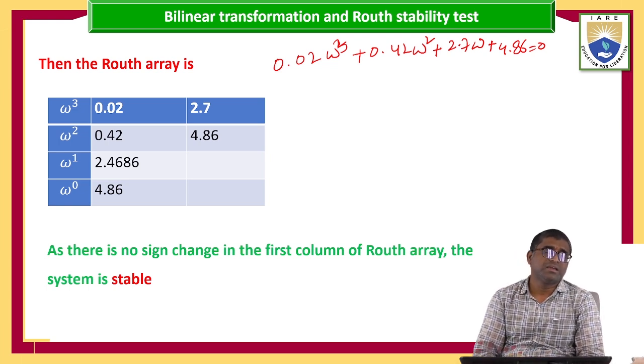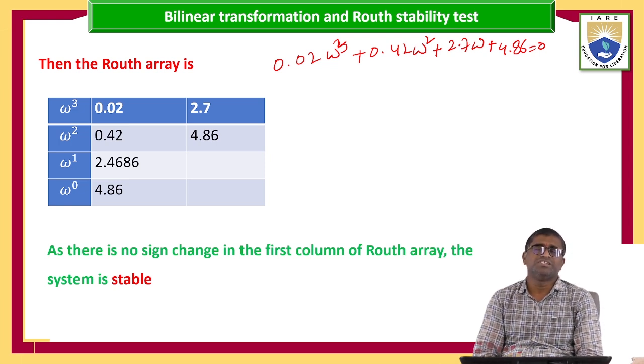But in a digital control system, if they give any type of function, you first have to convert it from the z plane to the omega plane.